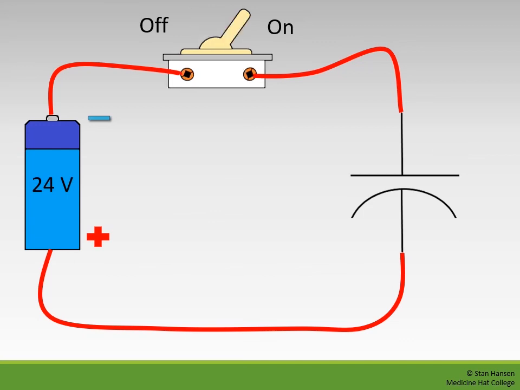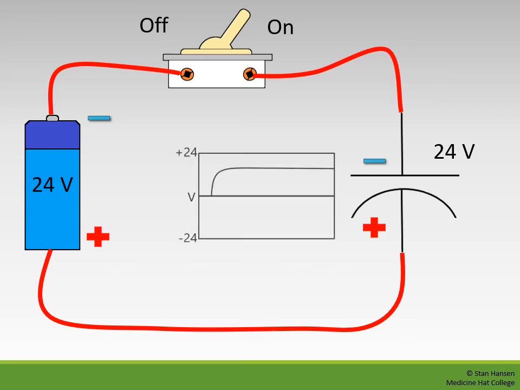When we close the switch, we start to charge the capacitor, and now we start to see a polarity across the capacitor as well. The capacitor will continue to charge until it reaches the potential of the battery, but the charging does not happen at a steady rate. What we find is that we will rapidly charge the capacitor to start, but as the capacitor's voltage starts to match the voltage of the source, the charging will slow down.